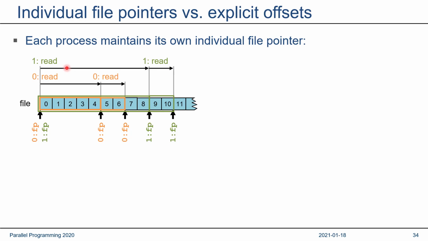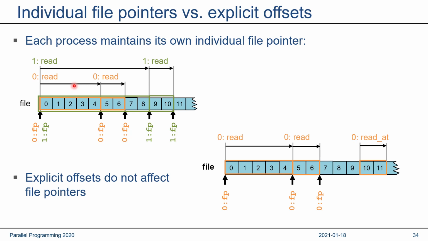And those 2 file pointers, so the positions that the next read operation starts from, they're totally independent across these 2 processes. So they're really individual file pointers, and the behavior is what you are used to from standard POSIX-based file I/O.